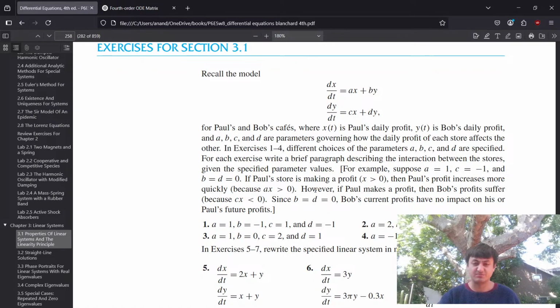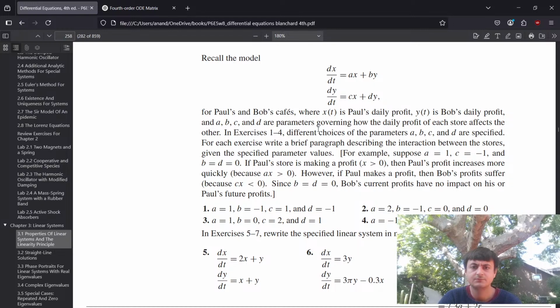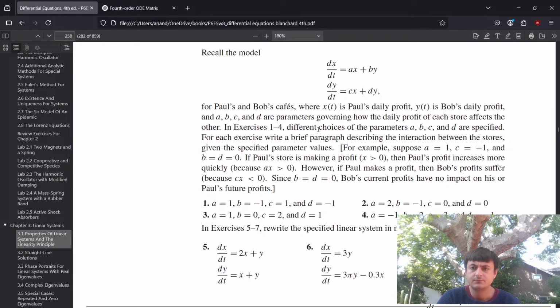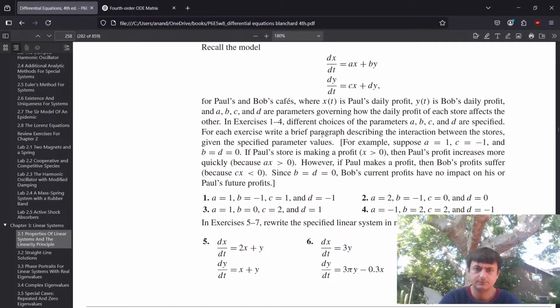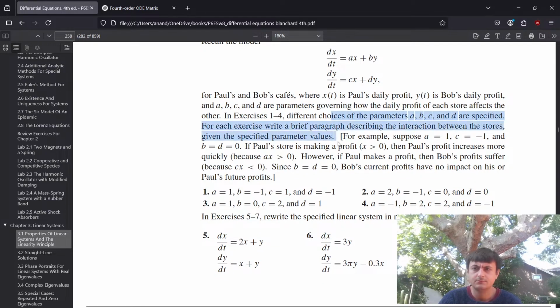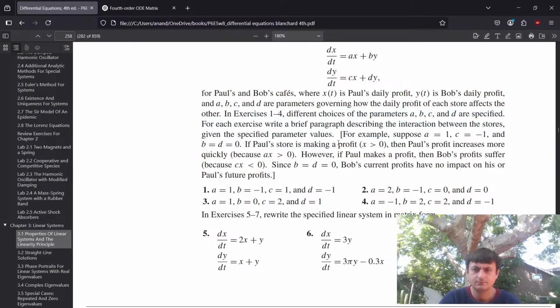Okay, let's do some problems. Suppose A equals 1, C equals -1.